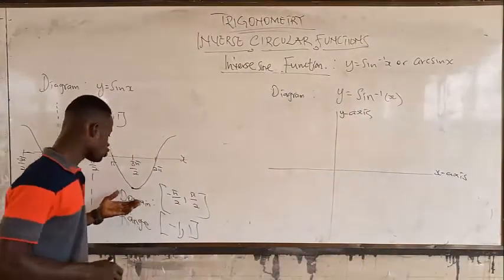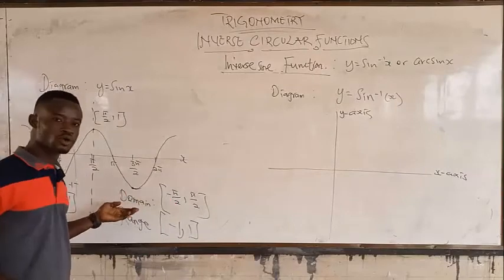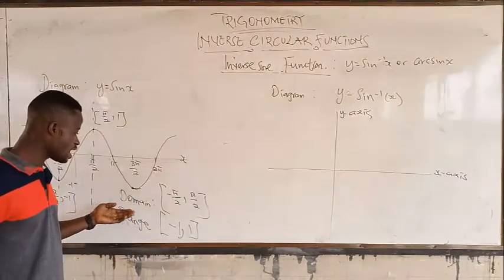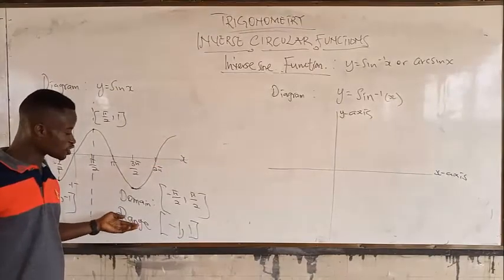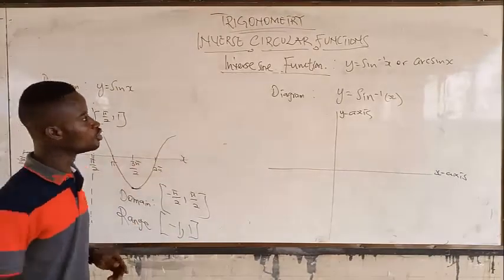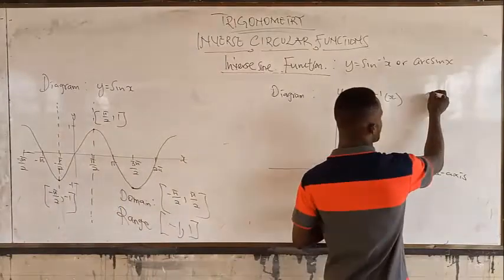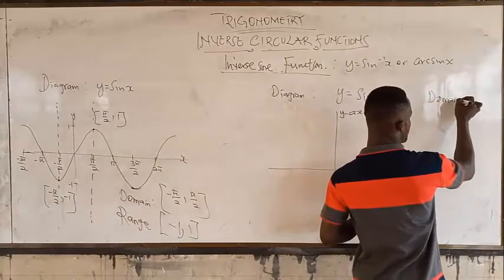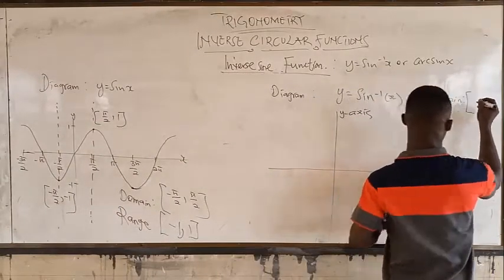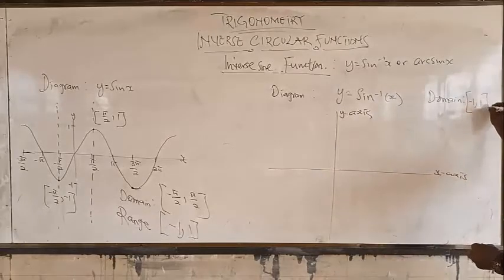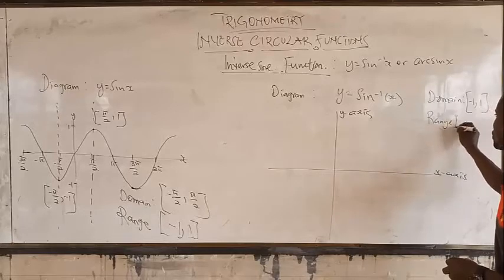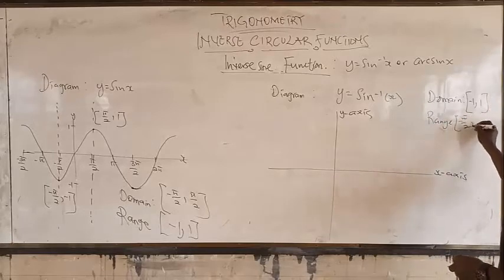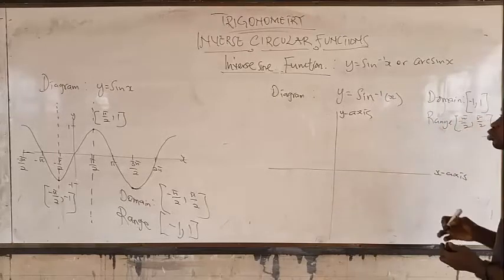What this means is that the domain of the cosine function here is now going to be the range, and the range of the cosine function here is now going to be the domain. So the domain here will be negative 1 and 1, and the range will be negative pi on 2 to pi on 2.